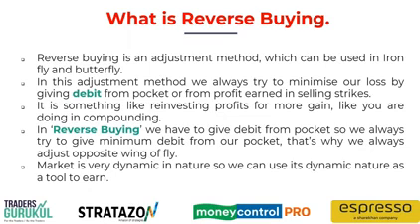In this adjustment method, we always try to minimize our loss by giving debit from pocket. Till now, you saw many videos on YouTube for adjustments, and in each of them you only get to know that we have to sell some extra options and take some extra credit from extra selling.